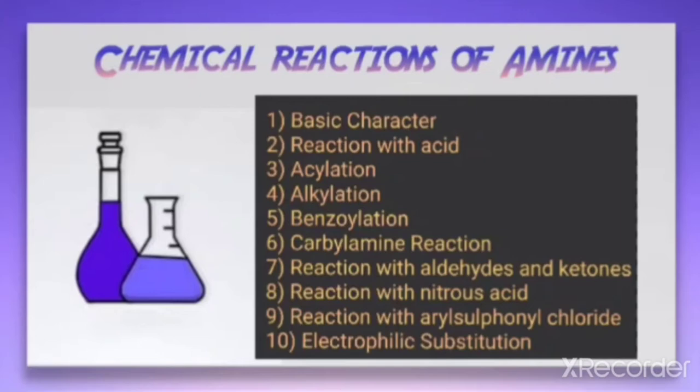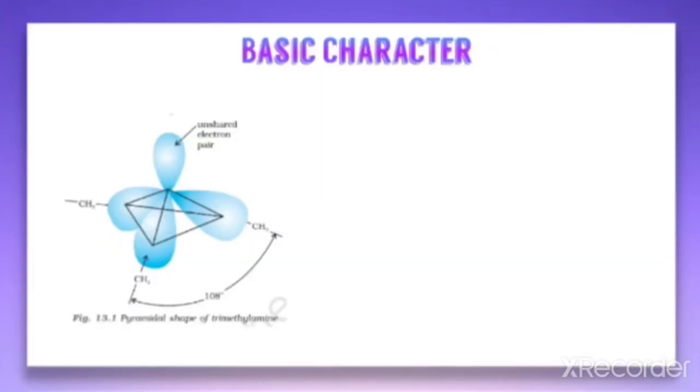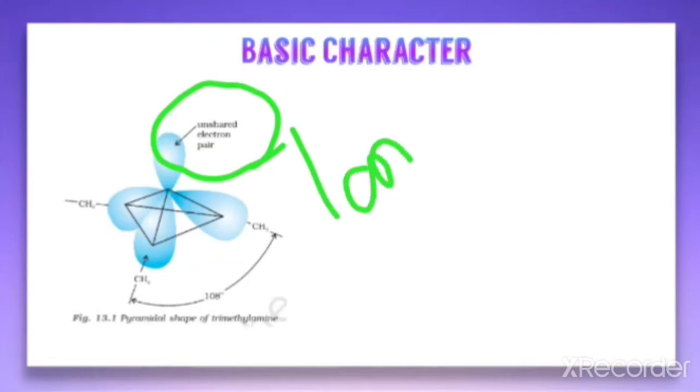The basic character of amines can be explained on the basis of its structure. As we are familiar, it is a pyramidal structure in which the nitrogen has an unshared electron pair, which we call a lone pair.